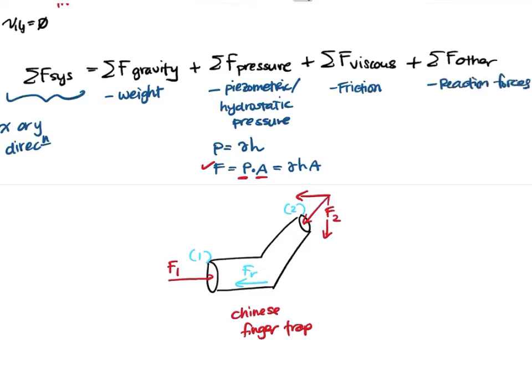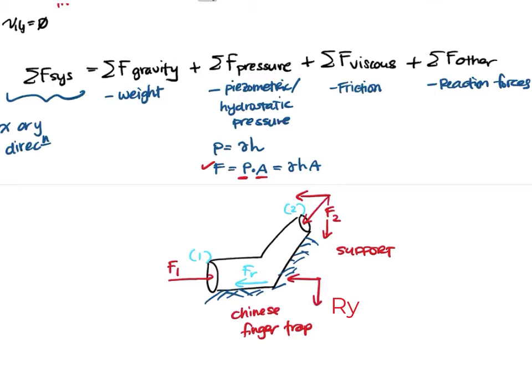So for instance, this pipe that we have here isn't just kind of standing alone on itself, right? There has to be some support, some support that's keeping that pipe stationary. So the support would be similar to having some reaction forces.